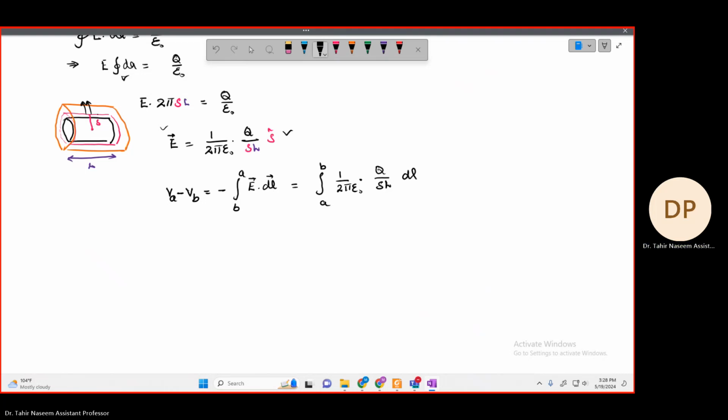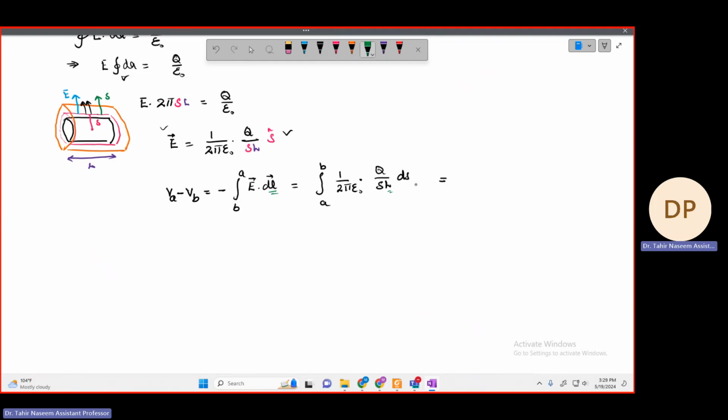Now I need to do the integration. Because the E field and length are in the same direction, I need to write ds. Why ds? Because the direction of the electric field is this way, and the direction of the S vector is also this way, and the length is not changing, which means the length is constant, so S is changing.